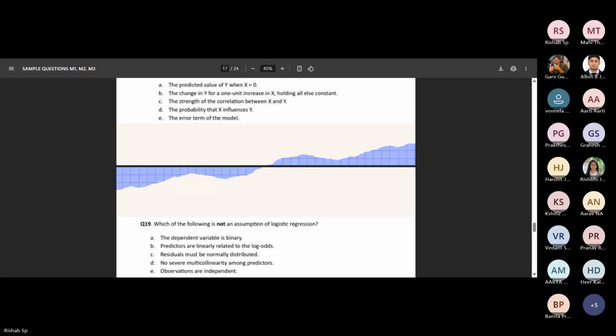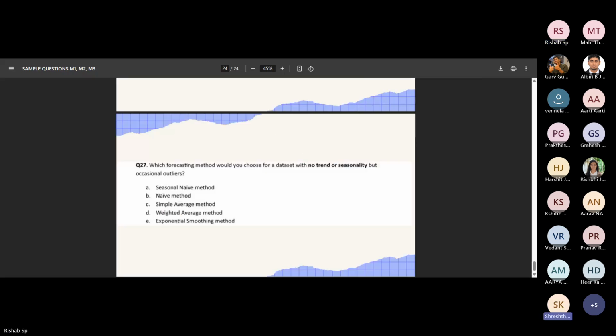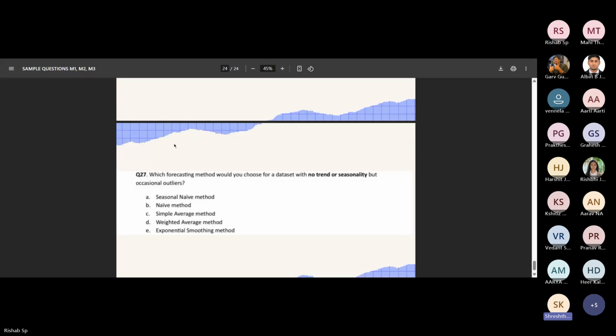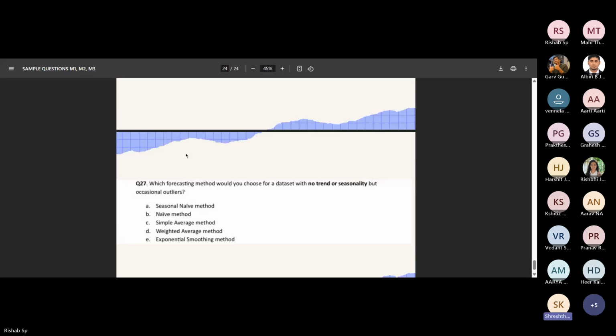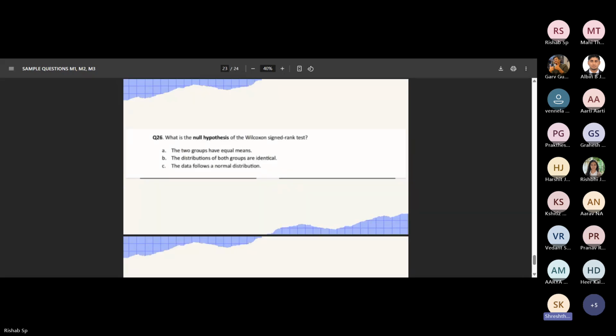Rishabh, am I audible? Yeah, you are. I wanted to ask that while I was hearing the live session for module 2, the instructor said that while we use the Wilcoxon test, when we are given two conditions like pre and post, we only consider the positive Wilcoxon ranks while we compare with the critical value.